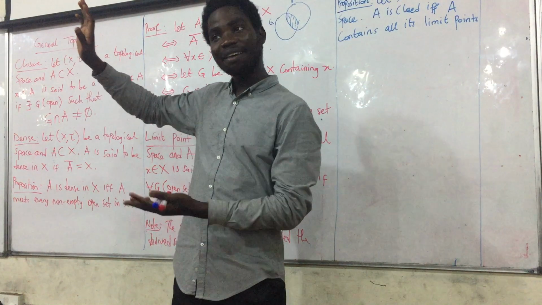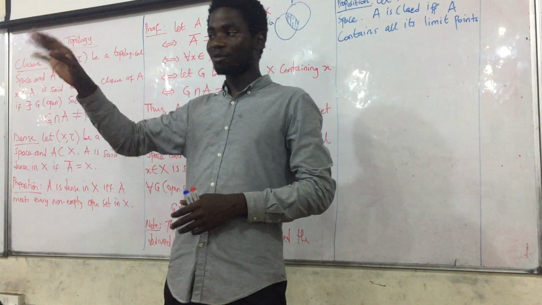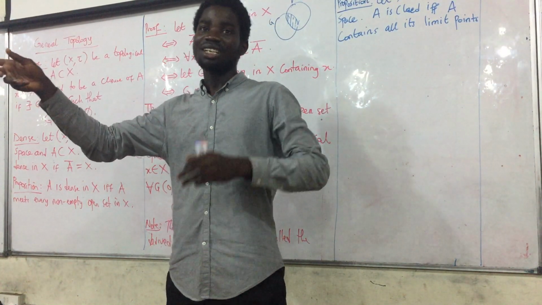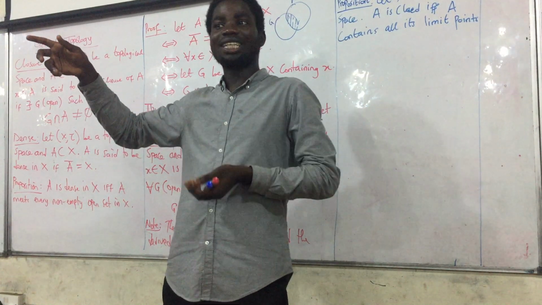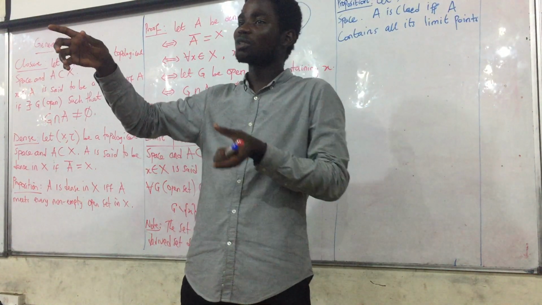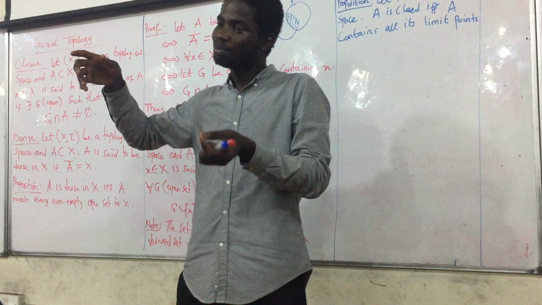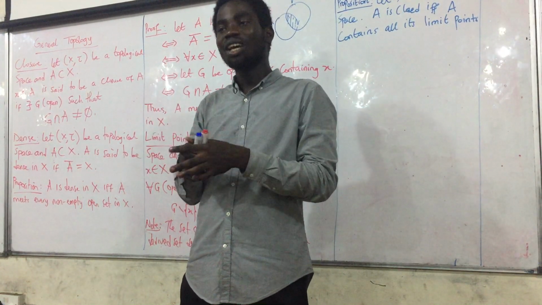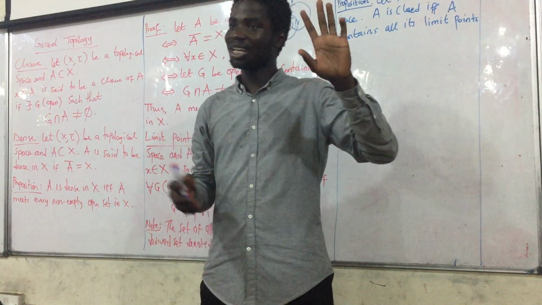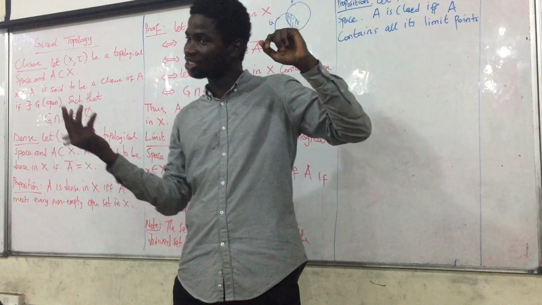So if you have used that one to define a closed set, the second definition, you will not call it a definition again. You can call it a proposition or a theorem. But listen, if you define the second one, then that A complement is open will now be a proposition.